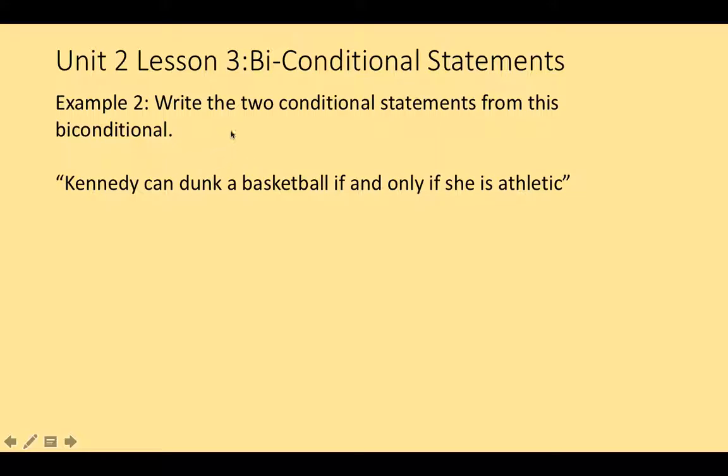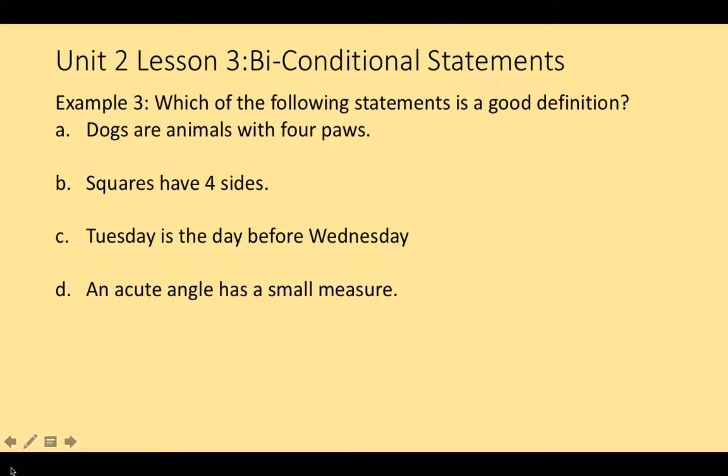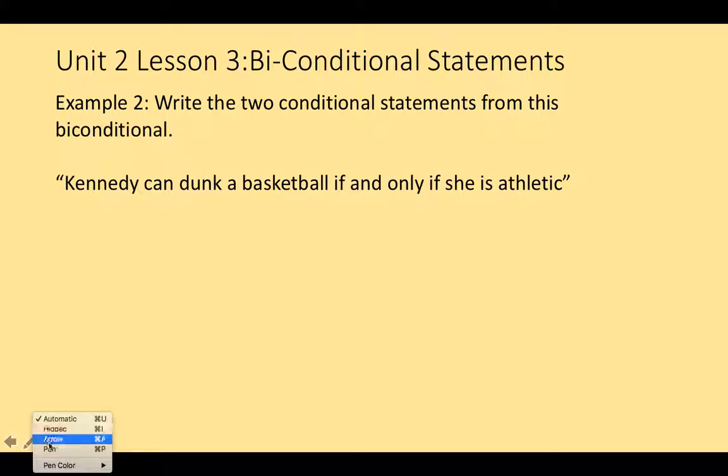All right, so there's a biconditional statement. Let's see, write the two conditional statements from this biconditional. So Kennedy can dunk a basketball if and only if she is athletic. Okay, so I'm going to write this as the conditional and the converse. I guess the first one we're going to have to put the if and the then back in there.